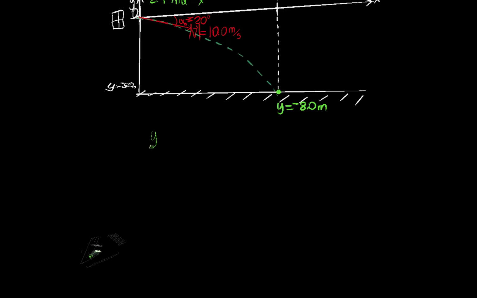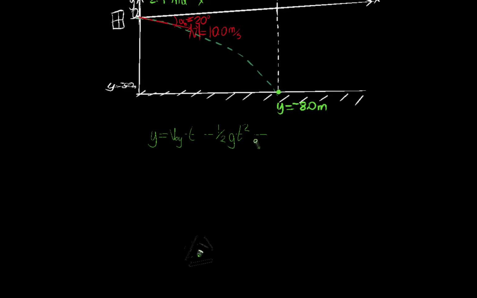So y equals v naught y t minus 1/2 gt squared.